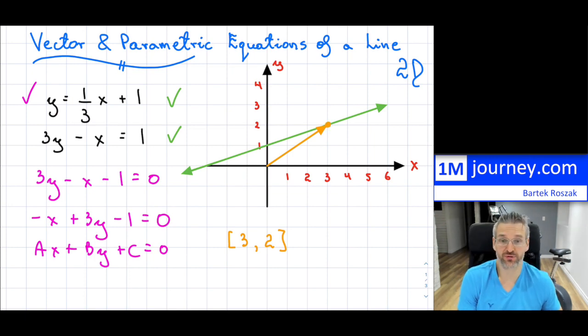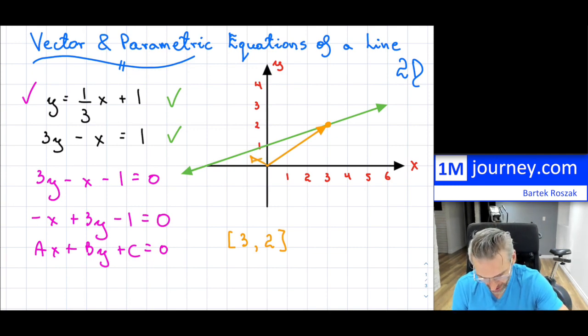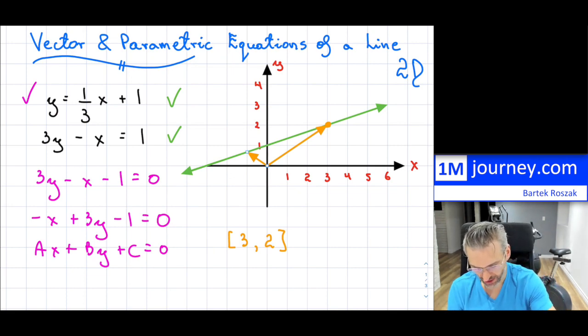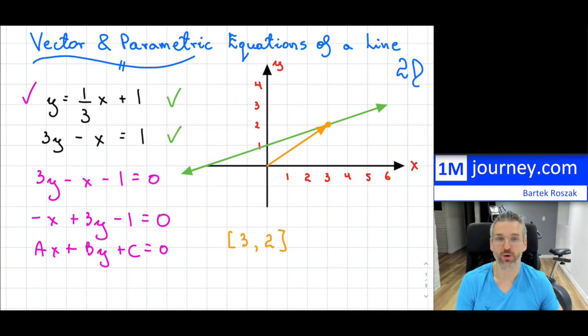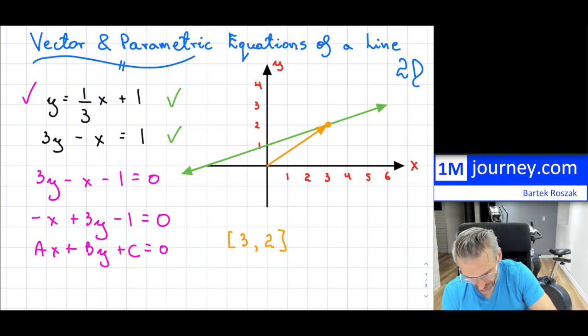Now, I could have drawn this vector some other place. I could have just gone over here. It was just convenient for me to do that 3, 2 spot, but I could have done it in any other spot. So it's kind of your starting point. And these vectors, when we're trying to represent these particular lines, sometimes they're referred to simply as a ray, so you can imagine kind of like a ray of light even. That typically will have some kind of notation as R for the ray.